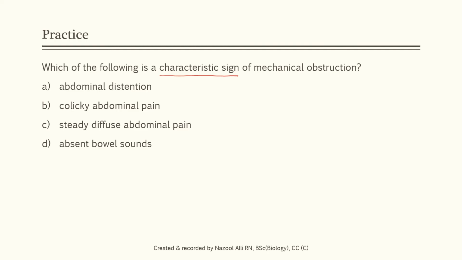Abdominal distension, well, we could potentially have that with any bowel obstruction, regardless of whether it is functional and/or mechanical, so A would not be the best choice. Steady diffuse abdominal pain is mostly seen with functional and/or non-mechanical intestinal obstruction. And absent bowel sounds, again, are seen with a functional obstruction.